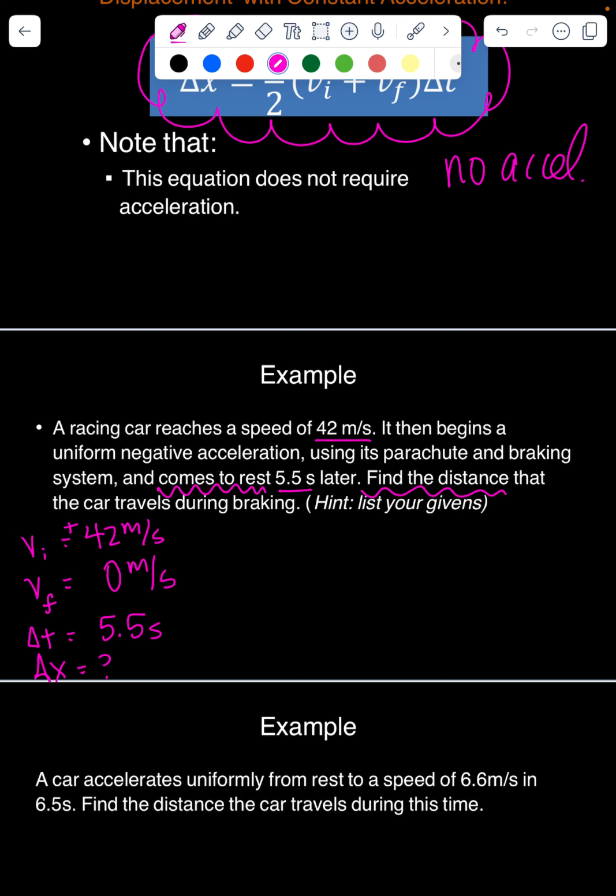So the only kinematics equation that we can use is our first one. We use delta X is equal to 1/2 times (V initial plus V final) times delta T. We do not have to rearrange this equation because it's already got our unknown isolated to the left. So all we have to do is plug in our numbers.